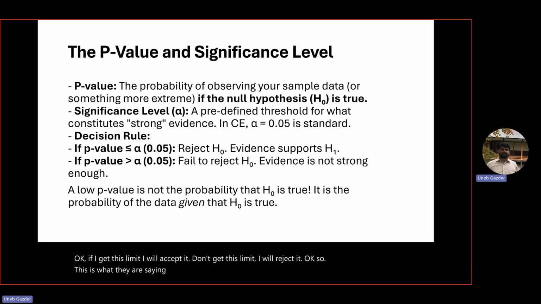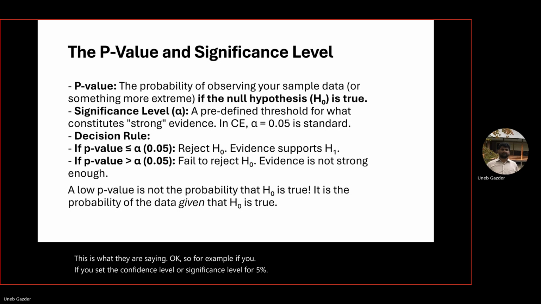For example, if you set the confidence level or significance level for 5%. 5% means what? 95%. At 5%, I will reject the null hypothesis.